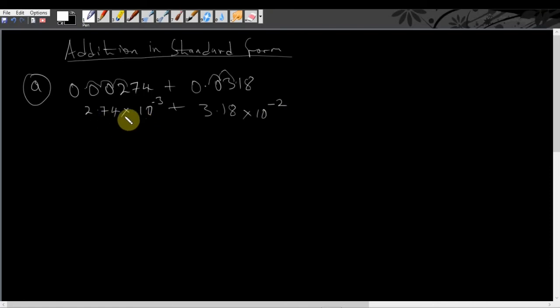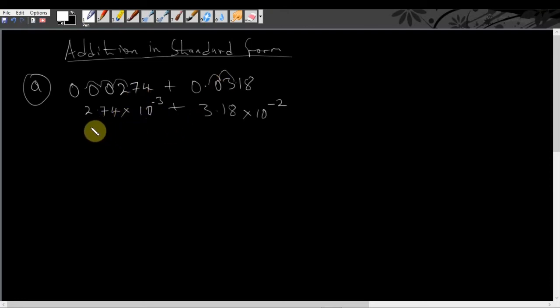You can easily reduce this one. If you want to increase this one, it will take this one out of standard form, which means if you want to increase this to minus 3, it will make this to be 31. As in, it will now be like you are picking it from this 31, from the point you are counting this way to get it up to 3 times. But you can easily do it here.